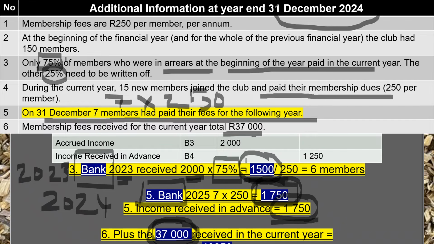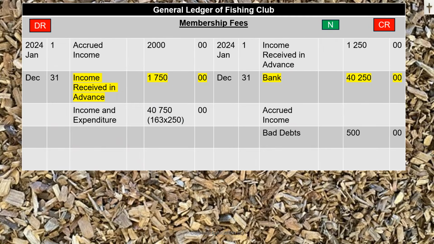You're going to have to watch this a few times, and you're going to have to practice a few to get this right. So what I've just been saying gets entered into the membership fees account like this. The income received in advance for 2025, membership fees must get debited because this money is actually only earned in 2025.